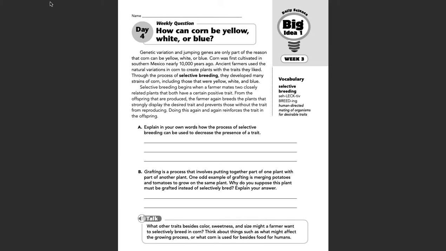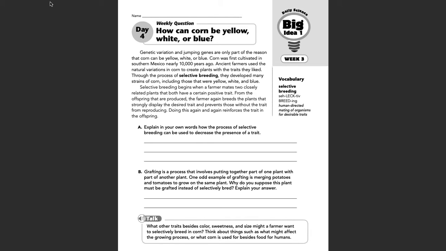Selective breeding begins when a farmer mates two closely related plants that both have a certain positive trait. From the offspring that are produced, the farmer again breeds the plants that strongly display the desired trait and prevents those without the trait from reproducing. Doing this again and again reinforces the trait in the offspring. So selective breeding, that's human-directed mating of organisms for desirable traits.